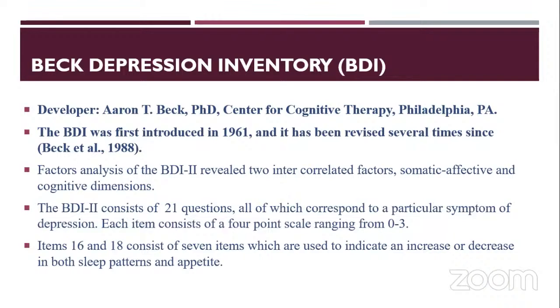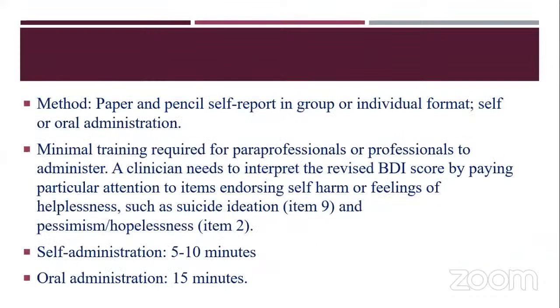The particular thing is that items 16 and 18 consist of 7 options, indicating the increase or decrease in both sleep patterns and appetite. The method is a paper-pencil self-report, which can be used in group or individual settings, and it needs minimal training for professionals to administer.